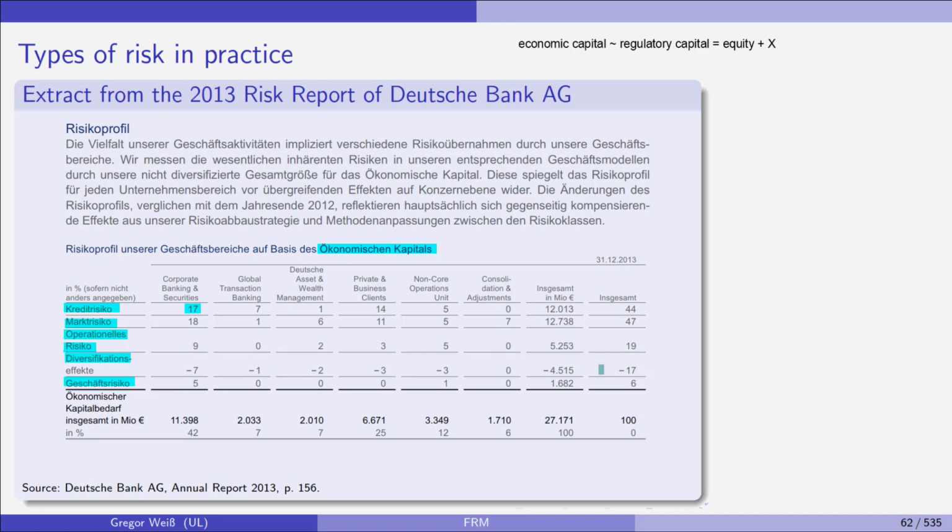Well, actually, no. You see that it's almost minus 4.5 billion euros as diversification effects. So the bank has an incentive to look at diversification effects. Why? If you have huge diversification, this will reduce your risk exposure and you have more regulatory capital or economic capital to do new business.